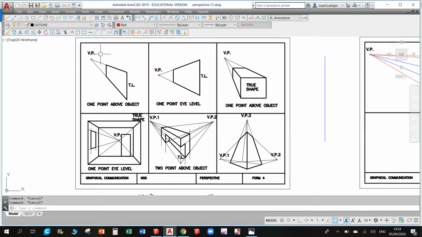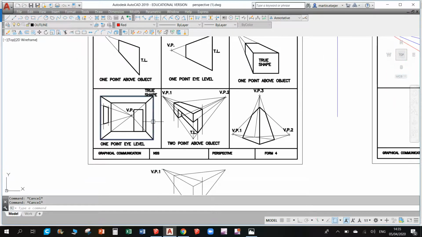Here we have one vanishing point, which is what we call above object. Here the vanishing point is eye level. Here it's above object as well, and the object is 3D. Here it says true shape, which means the measurements here are real. The measurements at the back are not.